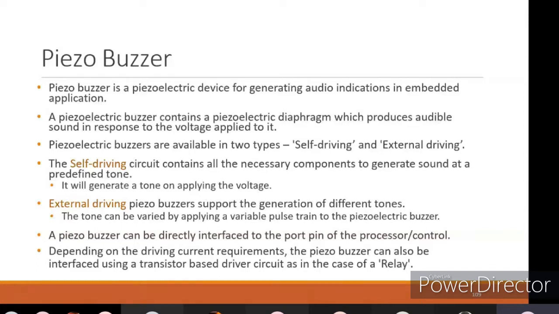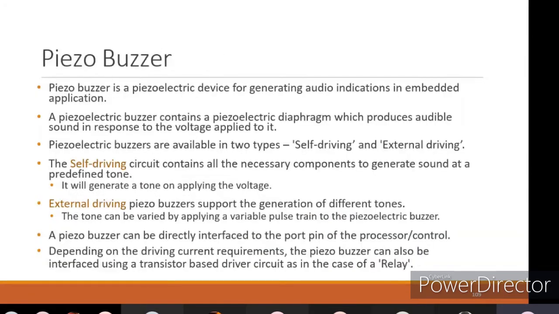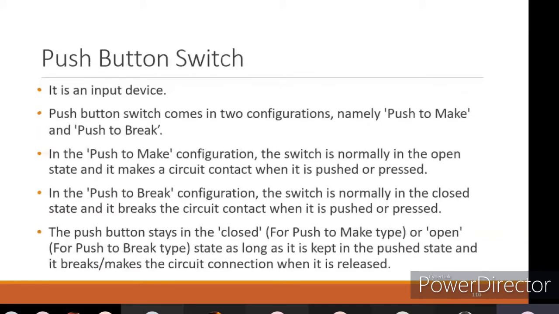A piezo buzzer can be directly interfaced to the port pin of the processor or controller, and depending on the driving circuit requirements, it can also be interfaced using a transistor based driver circuit, as in the case of relay. As we have seen with the relay, in the same way a transistor driven piezo buzzer can also be used.